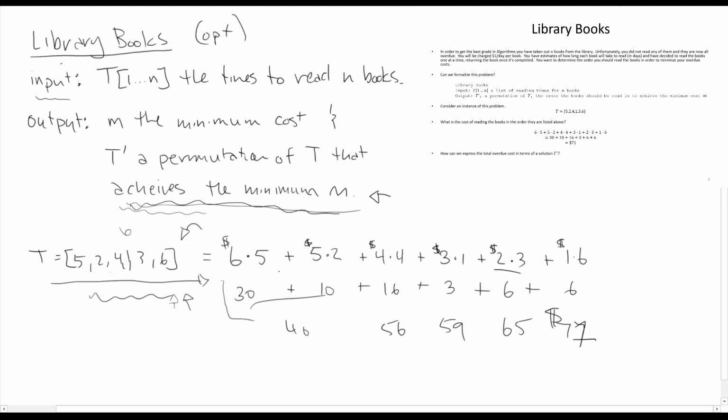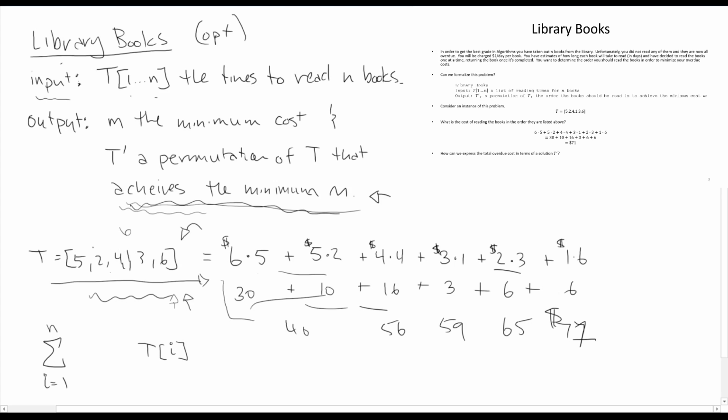So let's see if we can do that. Now, one thing we're going to notice here is, what do we have? We have a sum. And for the moment, let's say we have n books, so let's just simply say i equals 1 to n. Now, we just wrote it in such a way where what we were multiplying by, and I'm leaving myself some space here on purpose, is t of i.